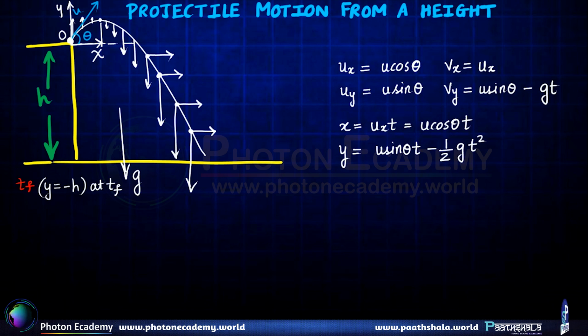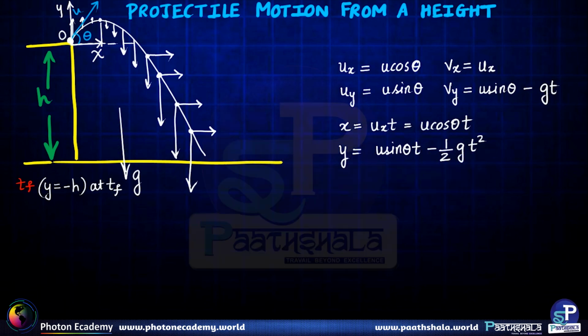Okay, so how do we use this? We use the equation y is equal to u sin theta t minus half gt square, and we substitute minus h in the place of y. So minus h is equal to u sin theta t minus half g t square. This is a quadratic equation.